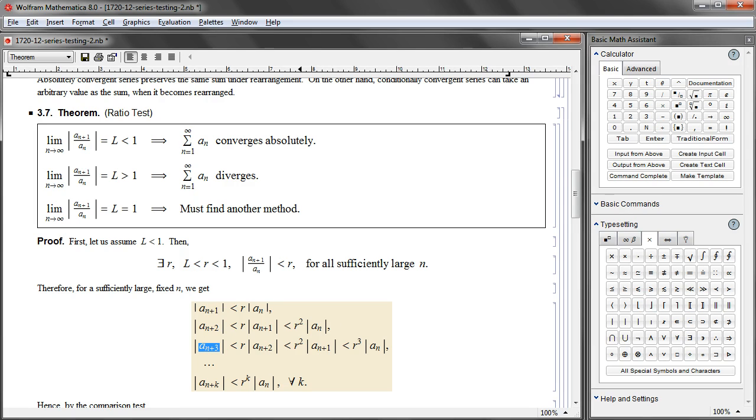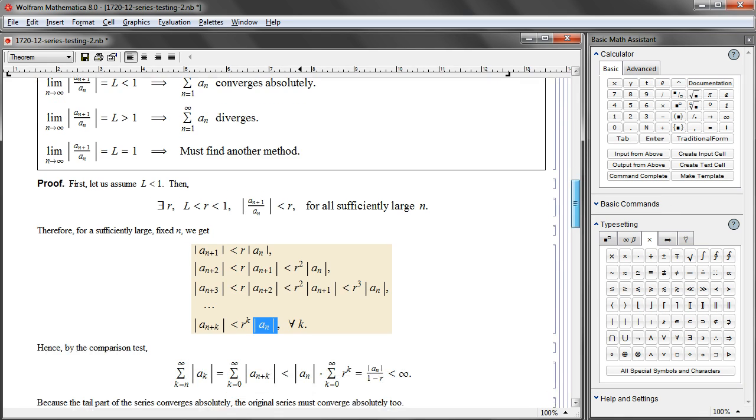There used to be a_{n+3} over a_{n+2}, and flip over this denominator, a_{n+2}, to the other side. Consequently, we have this inequality. Now this a_{n+2} is less than R times a_{n+1}, so we have that. And apply that again, and we have R cubed times a_n, and so on. So just do it again and again, and what do we have? We have a geometric series, R to the k power times a_n.